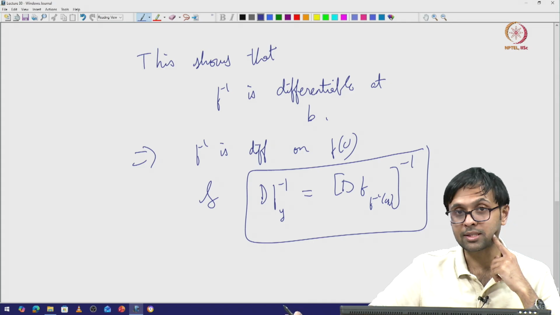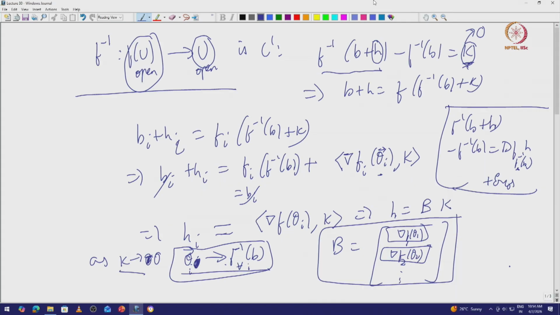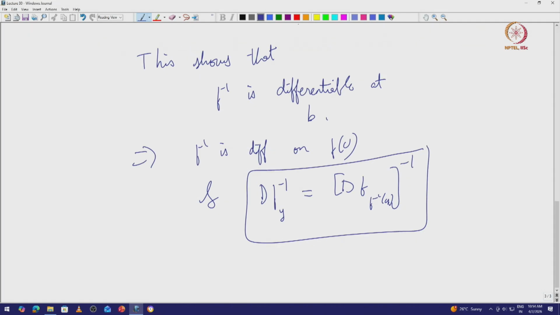But what have we set out to prove? We wanted to prove not just that f inverse was differentiable. We wanted to prove f inverse was C1. What does that mean? Not only do the partial derivatives of f inverse exist, but they are all continuous functions.